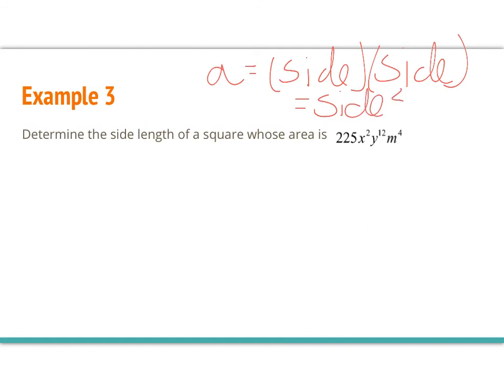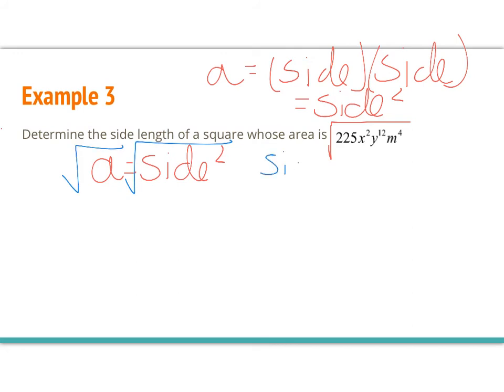So what we need to do is square root this area to find the side length, because area is equal to the side length squared. I have the area, I'm looking for just the side. To get side by itself, I need to square root. So the side length will equal the square root of the area.